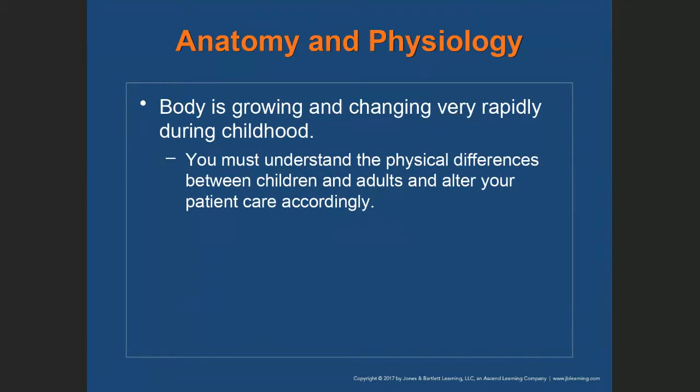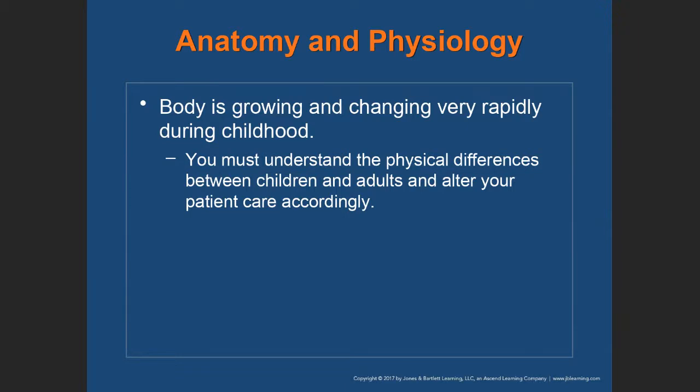Now let's look specifically at the anatomy and physiology. We just looked at the developmental age, and it's really nothing new because we looked at lifespan development, I believe in the first week of the course. All of the information that was in lifespan development is the same for the first part of your pediatric chapter.